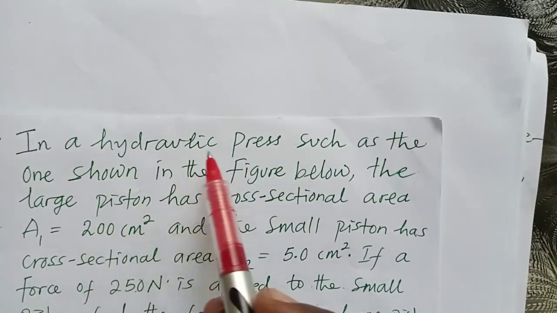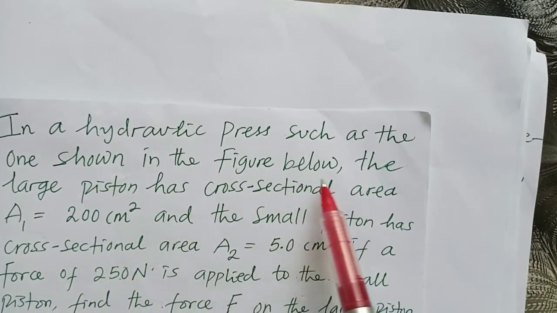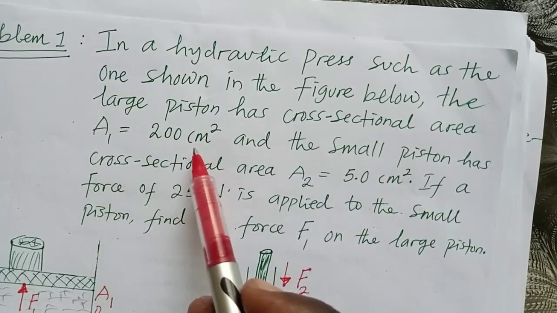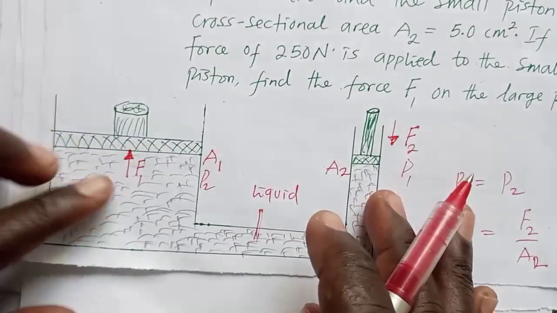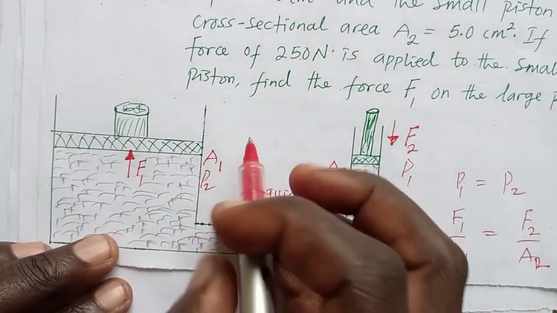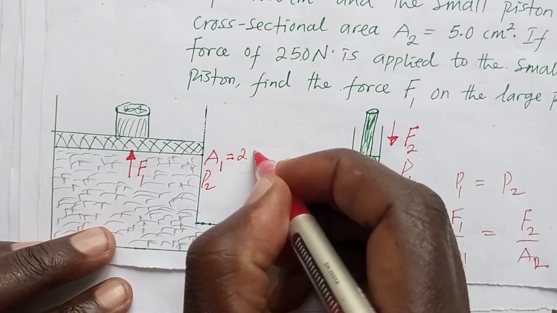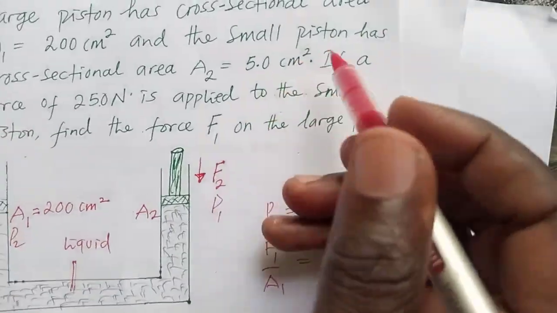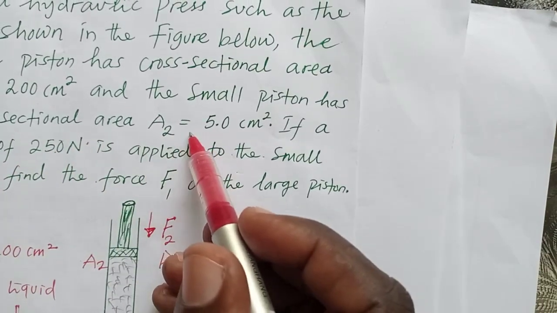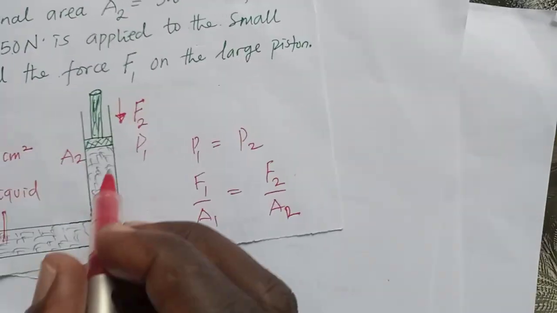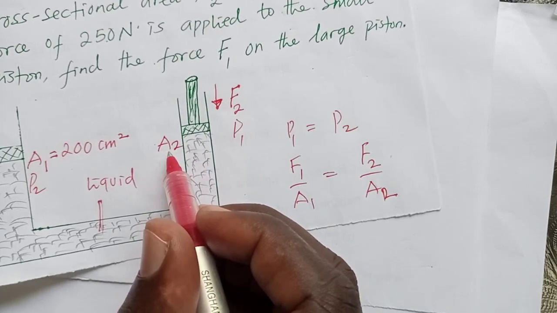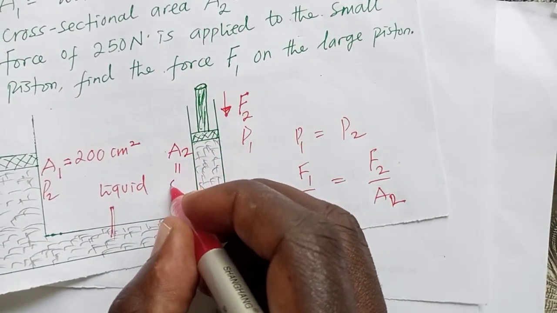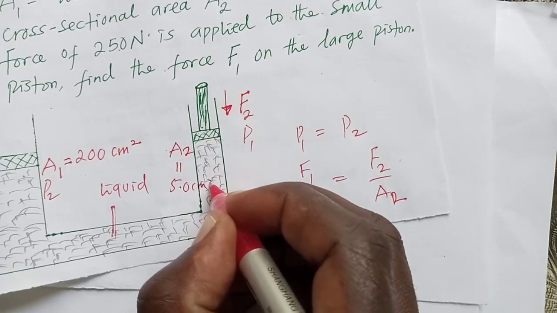So they say in a hydraulic press such as the one shown in the figure below, the large piston has cross-sectional area A1 equals, you see the large piston. Which one is the large piston? It is A1. So your A1 is 200 centimeters squared, and the small piston has cross-sectional area A2 equals 5.0. So this is the small piston and it is A2. So your A2 is 5.0 centimeter squared.